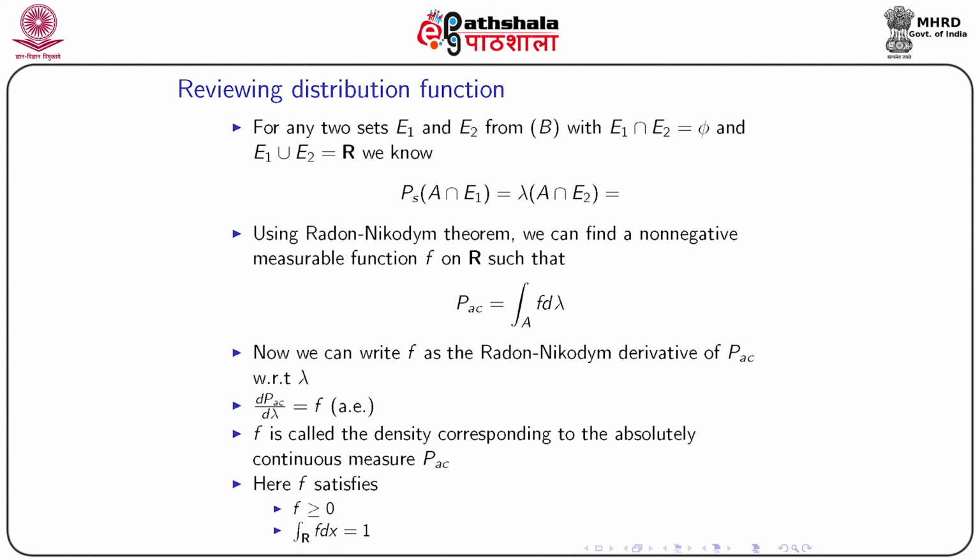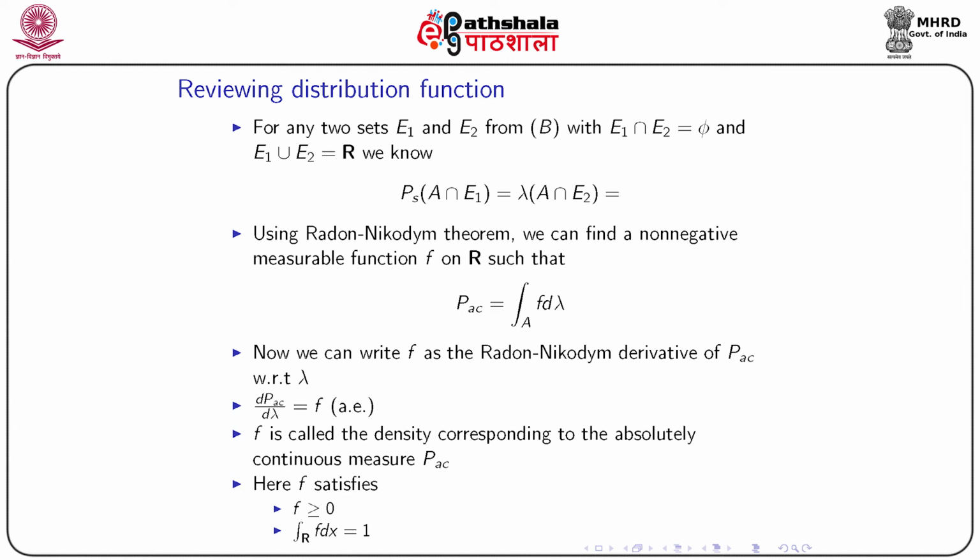For every two sets E1 and E2 from B, with E1 intersection E2 equal to phi and E1 union E2 equal to the whole real line, we know that P_s(A intersection E1) equals lambda(A intersection E2). So using the Radon-Nikodym theorem, we can find a non-negative measurable function f on R such that P_ac, the absolutely continuous part, is the integration over A of f d mu, and we can write f as the Radon-Nikodym derivative of P_ac with respect to lambda.